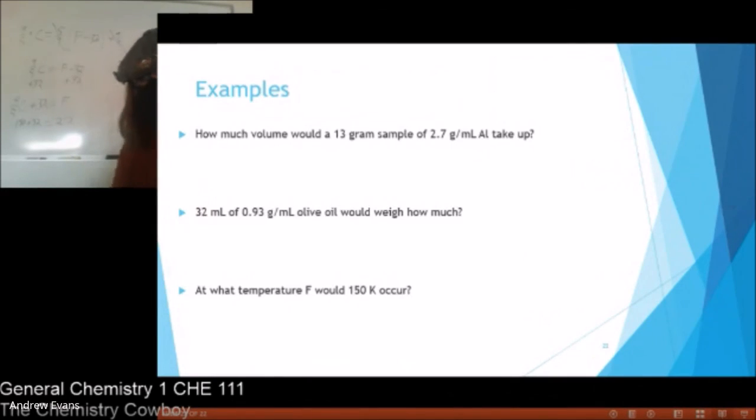We'll do this. How much volume would a 13 gram sample of 2.7 grams per mL aluminum take up? So what's the volume if this is my mass and this is my density?